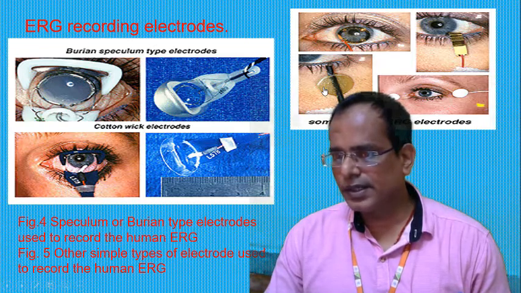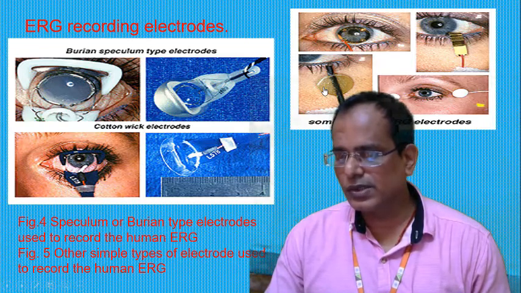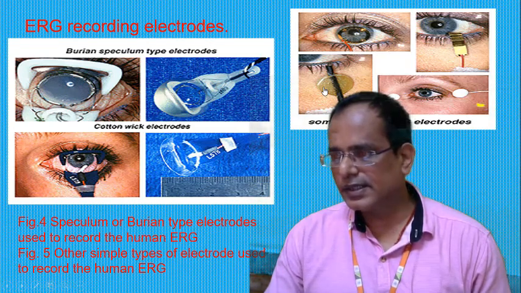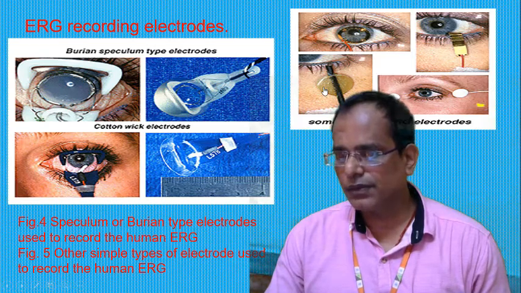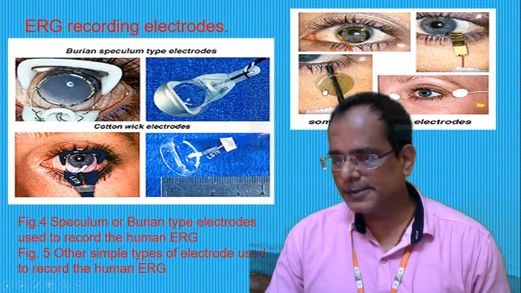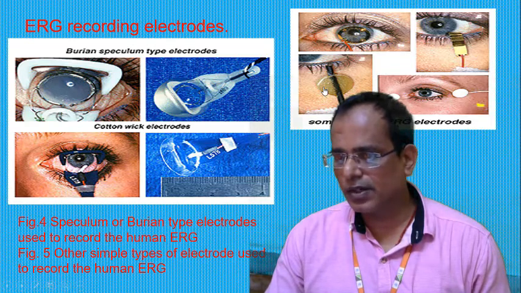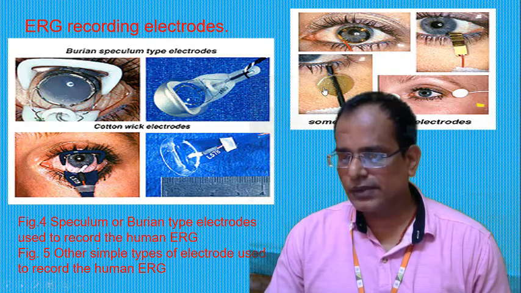We use Burian speculum electrodes when possible. The sizes are available down to a size that fits in the eye of most full-term babies. When the eye is too small for a speculum recording electrode, we use ERG jet type most of the time.